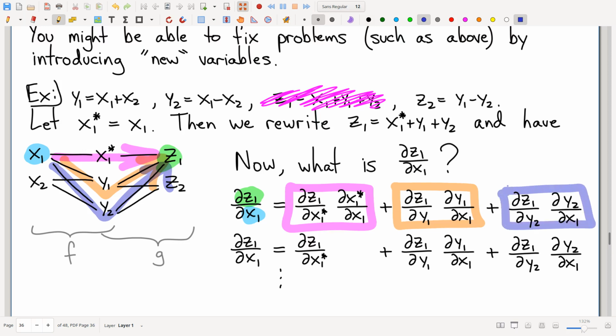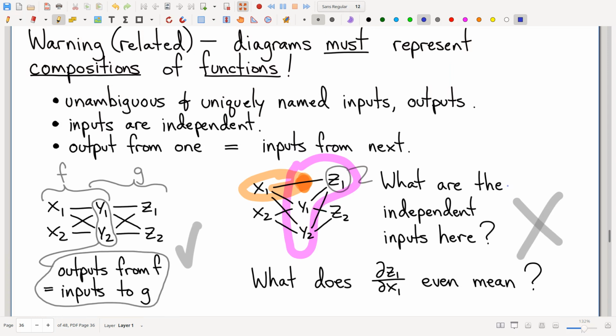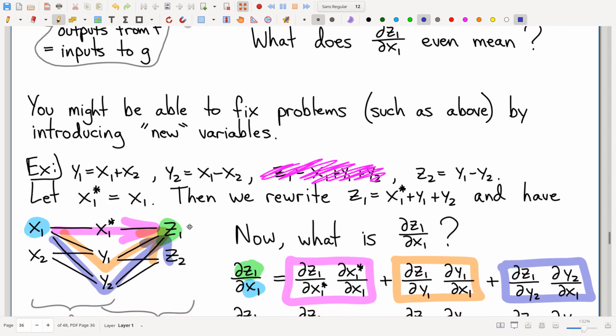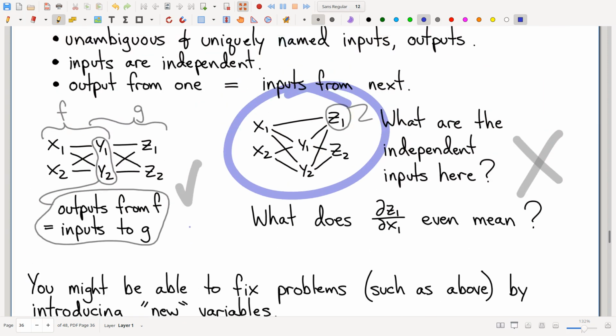Just looking at my intermediate variables for my diagram, and now it's just a matter of computing various partial derivatives from these equations, and you plug it in and you work it out, and it's just details. Everybody good? So heads up on this business, and again, it can be very confusing and unsatisfying to try to make sense out of stuff like this. Make sure that you reconceive it as needed to actually look like this, not that.